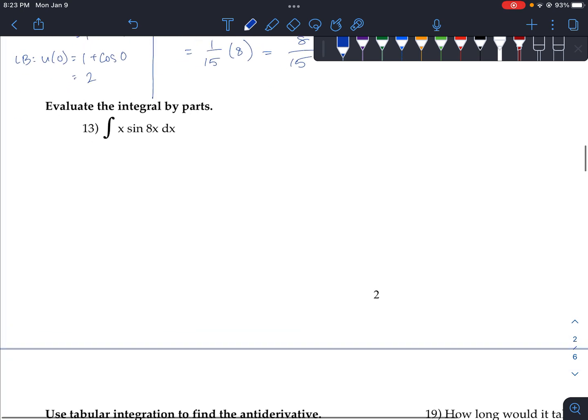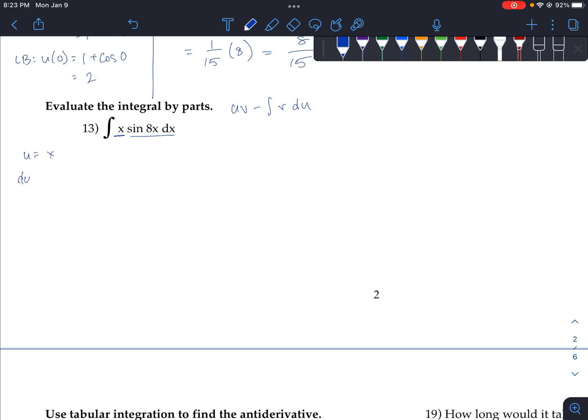Alright, evaluate the integral by parts. So by parts, meaning the integral is going to be uv minus the integral of v du. So I'll say u is equal to x.